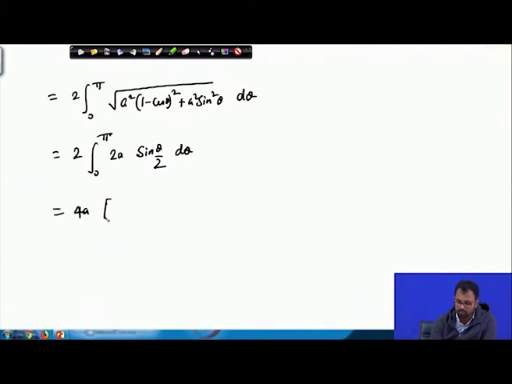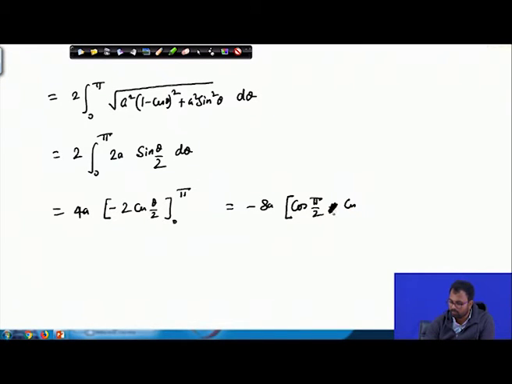So, its integration will be minus 2 cos theta by 2, integral from 0 to pi. So, this will be minus of 8a times cos pi by 2 minus cos 0. Cos pi by 2 is 0 and cos 0 is 1. So, this is 8a. That is the required arc length or the perimeter of this cardioid.